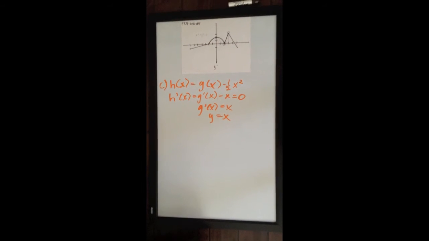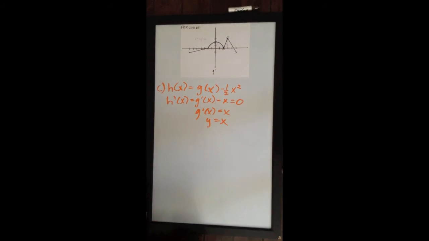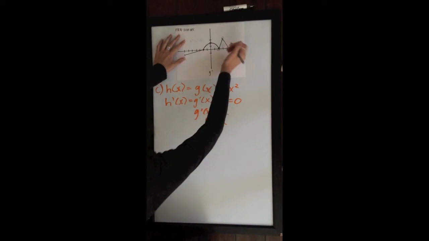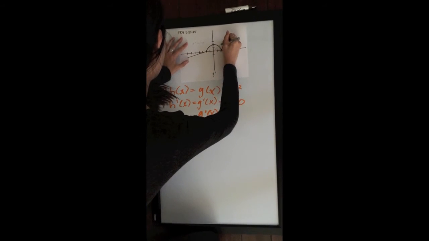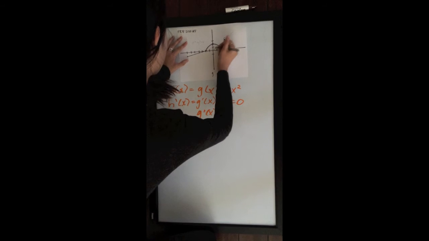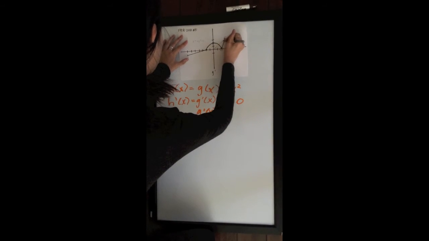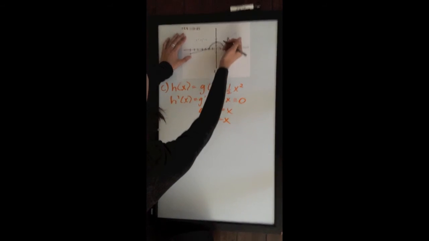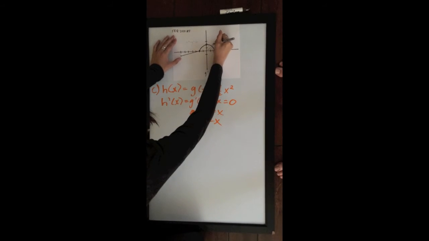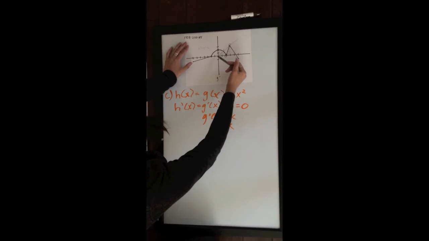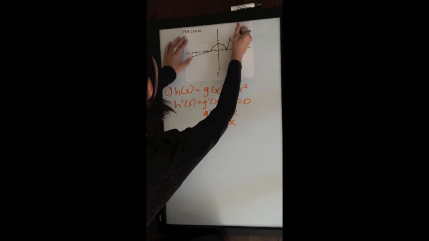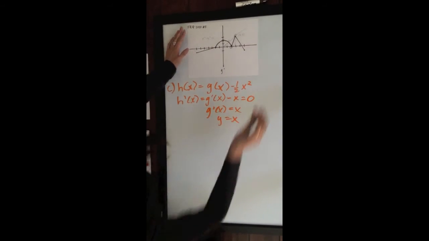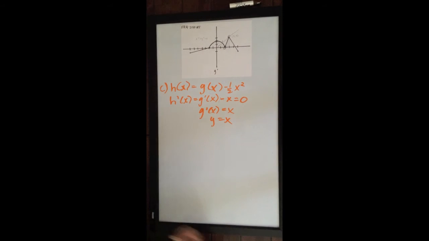So I'm going to draw the line y equals x on my graph. You can see where it crosses the points on g prime of x. So this is a rough sketch of what it would look like. And we need to find this intersection here. And since this line goes straight across this point, we know that one of the critical points is going to be x equals 3.